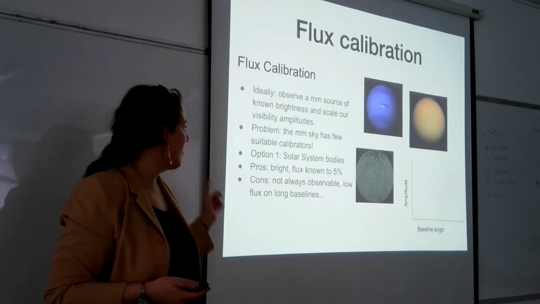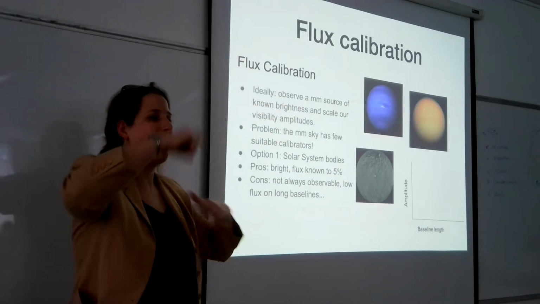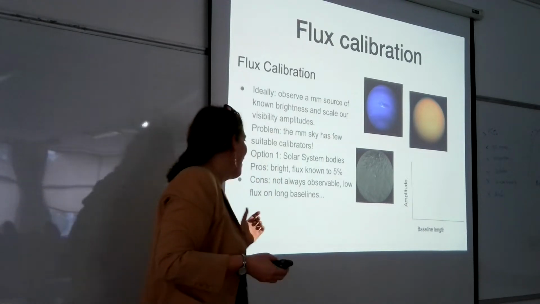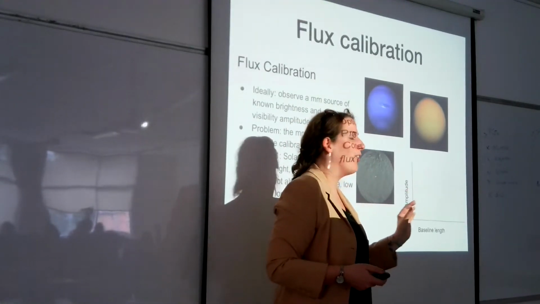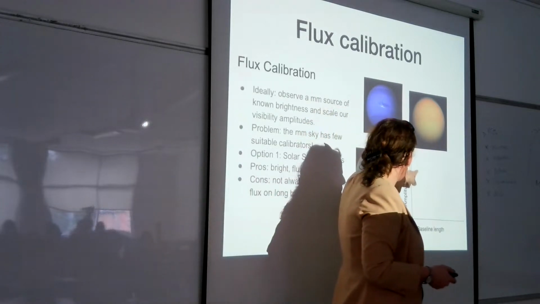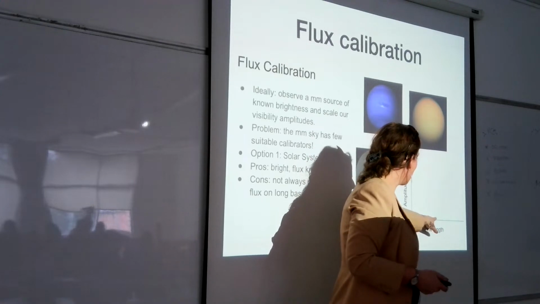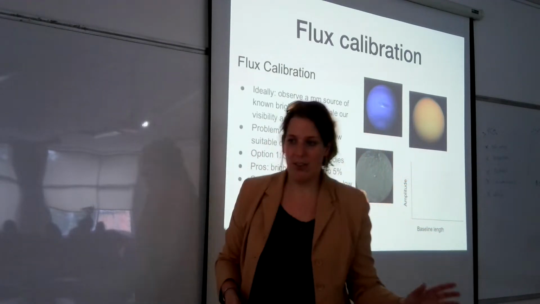The problem is that, first of all, they all orbit the sun, and we orbit the sun, so not everything is observable at all times. And the second problem is that they are actually not that small. Which means you start to resolve them, and remember what happens if you resolve something, it becomes this Bessel function. So it means that at some baselines, you essentially have zero signal.